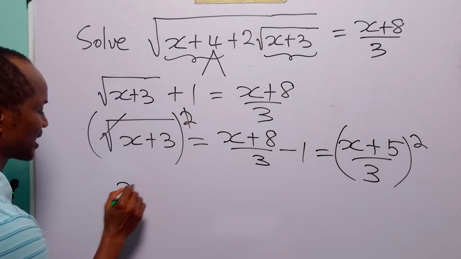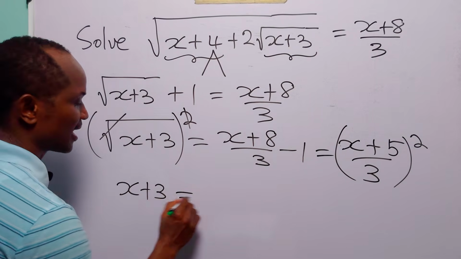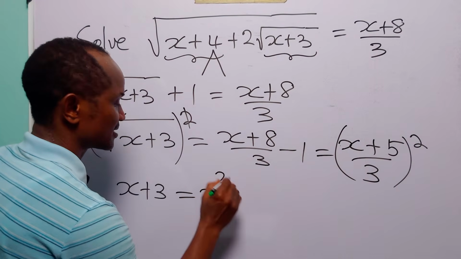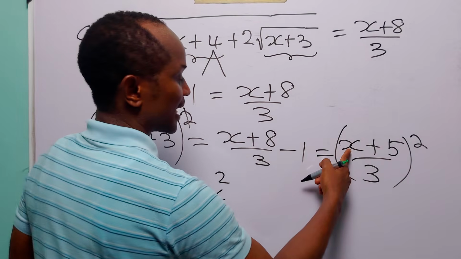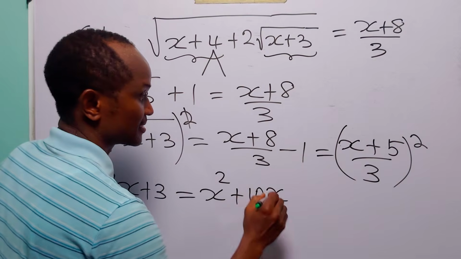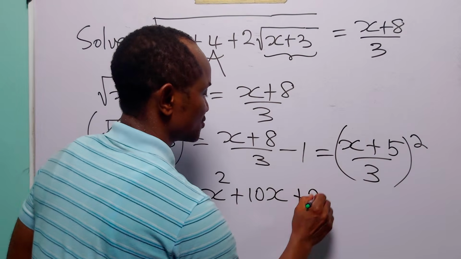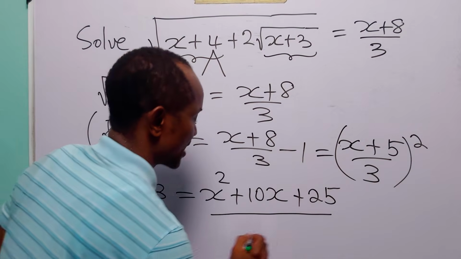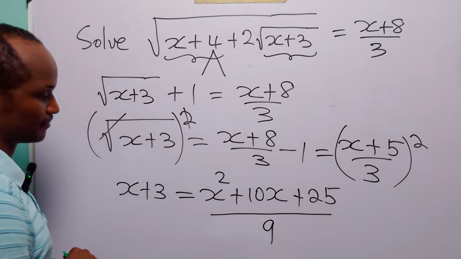On the left-hand side, we have x plus 3, and this is equal to x squared, of course, is x squared. 2 times 5 times x is 10x, and 5 squared is 25. And of course, this is divided by 3 squared, which is 9.